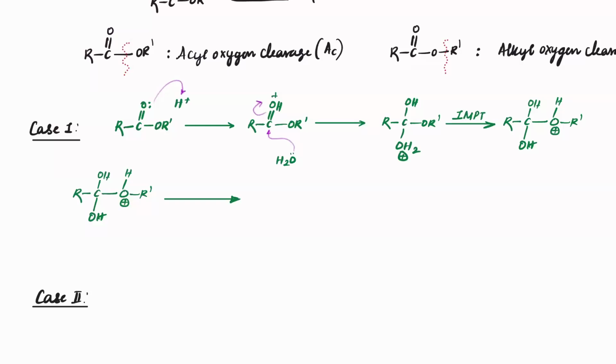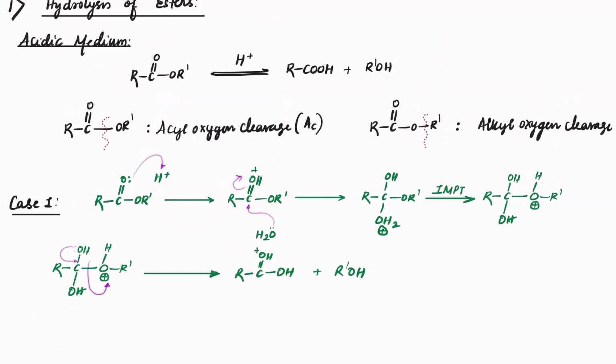Right. So now OH2 is a good leaving group. So the lone pair from this oxygen will push and try to remove this molecule out. So by doing that, what do we get? I'll get this as RC double bond OH plus and R dash OH. So this is how the hydrolysis works.